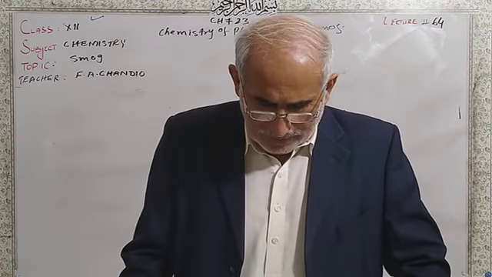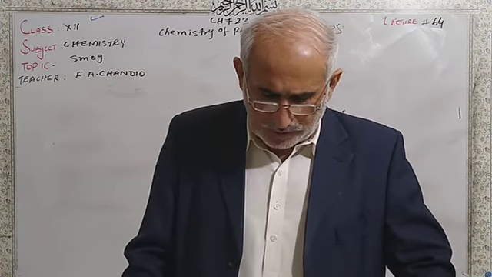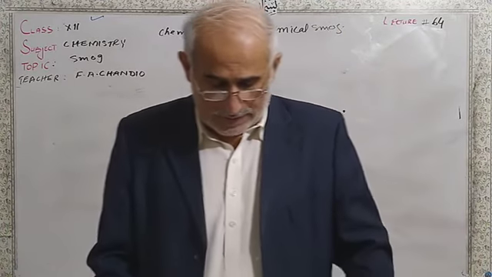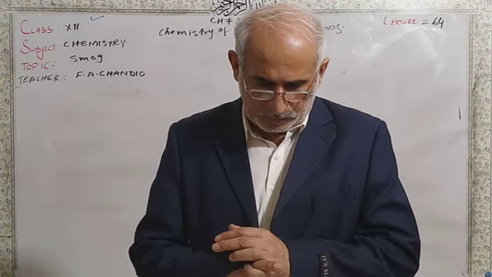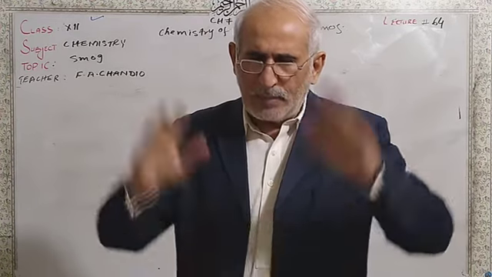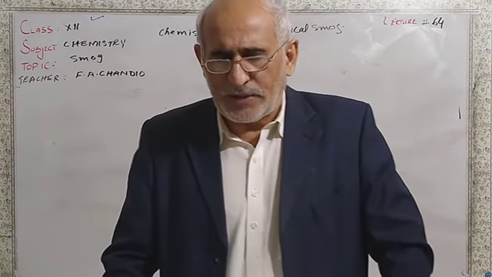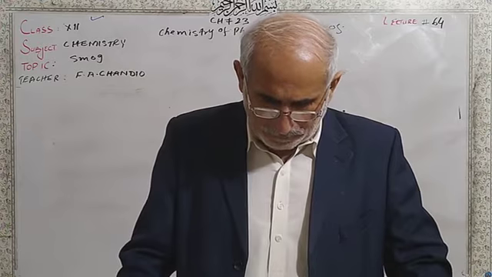So, photochemical smog. To begin, for the chemical process of photochemical smog development, the following conditions must occur in the presence of sunlight. Number one, oxides of nitrogen, maybe nitric oxide, maybe nitrogen dioxide, must be present in the atmosphere.